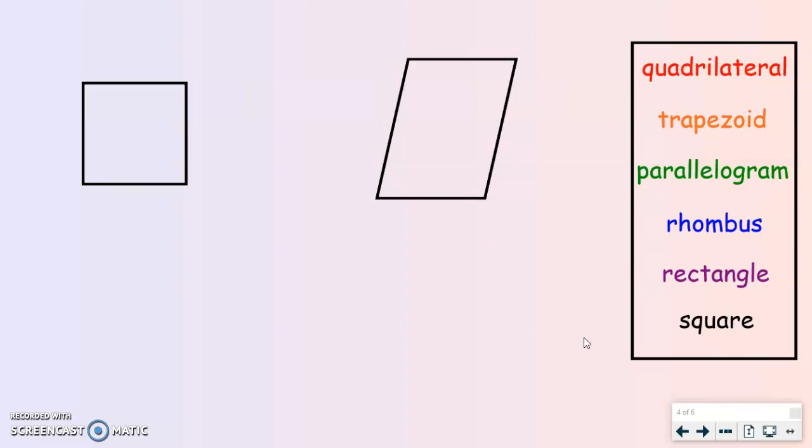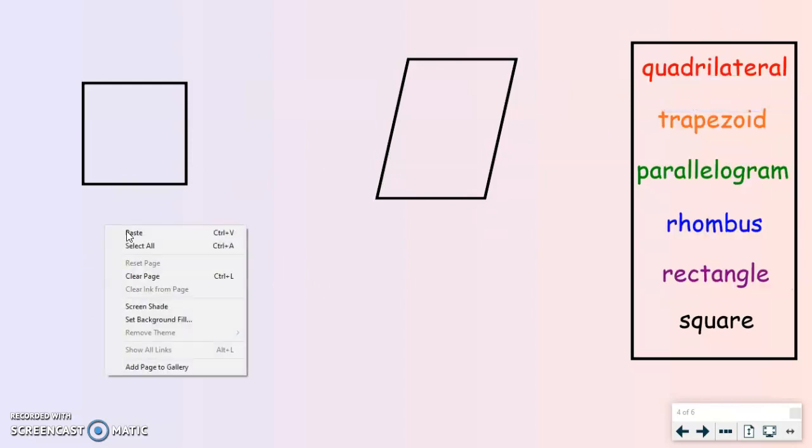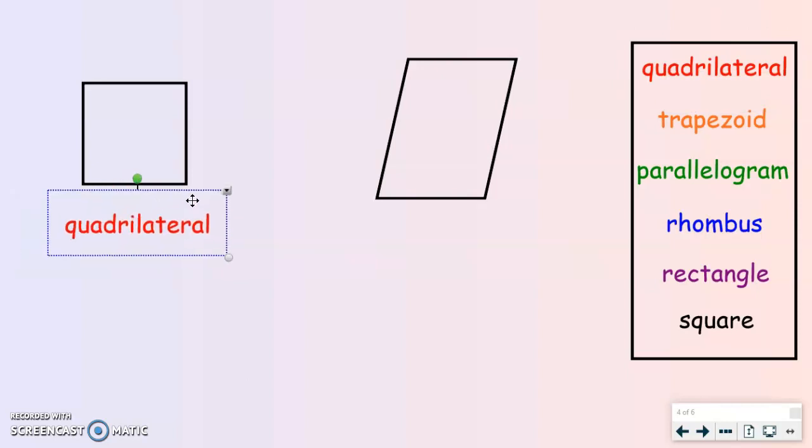We're just going to copy and paste these wherever they belong, however many ways we can describe that shape. So I'm going to put quadrilateral under this figure here.